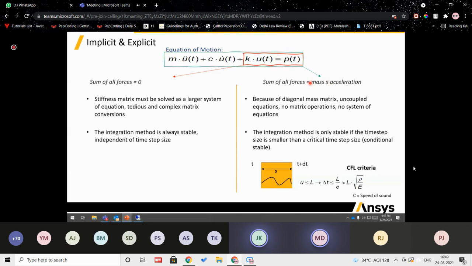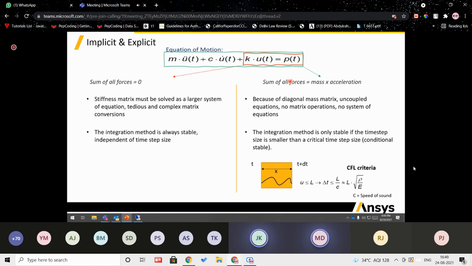Your mass matrix will come to this side as an inverse matrix, and for explicit we generally put the mass matrix as a lumped mass. Then that matrix will be a diagonal matrix, and that can be easily solved.